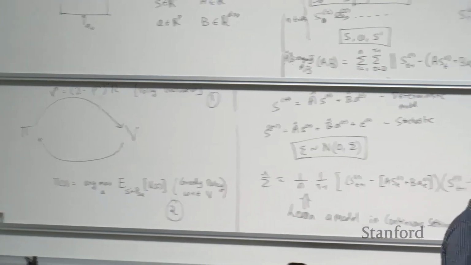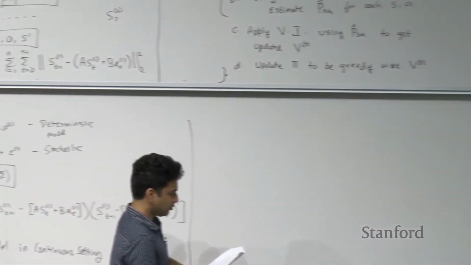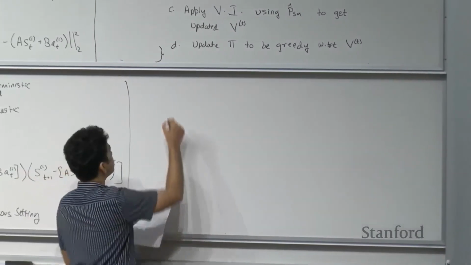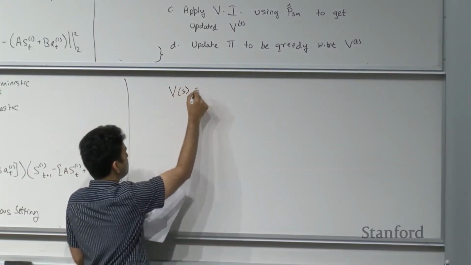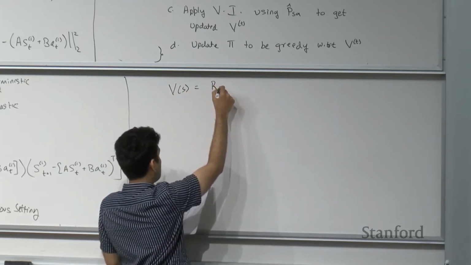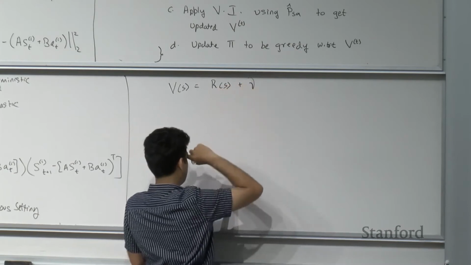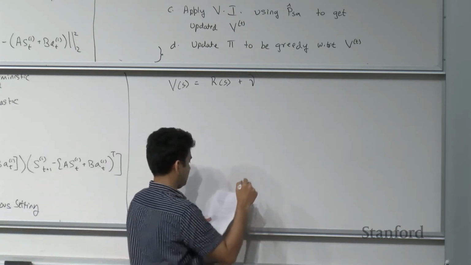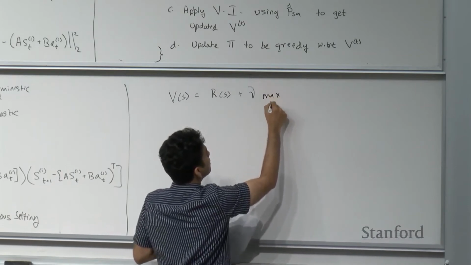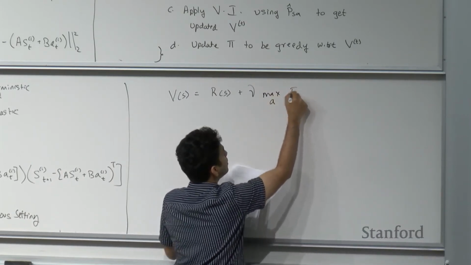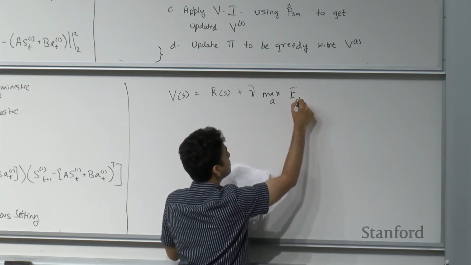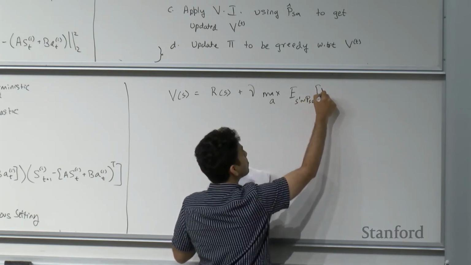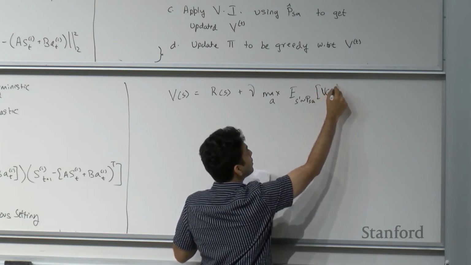And a common approach for doing that is to first think of our value function as V of S is equal to R of S plus gamma times max over A of the expectation of S prime drawn from P_SA of V of S prime.